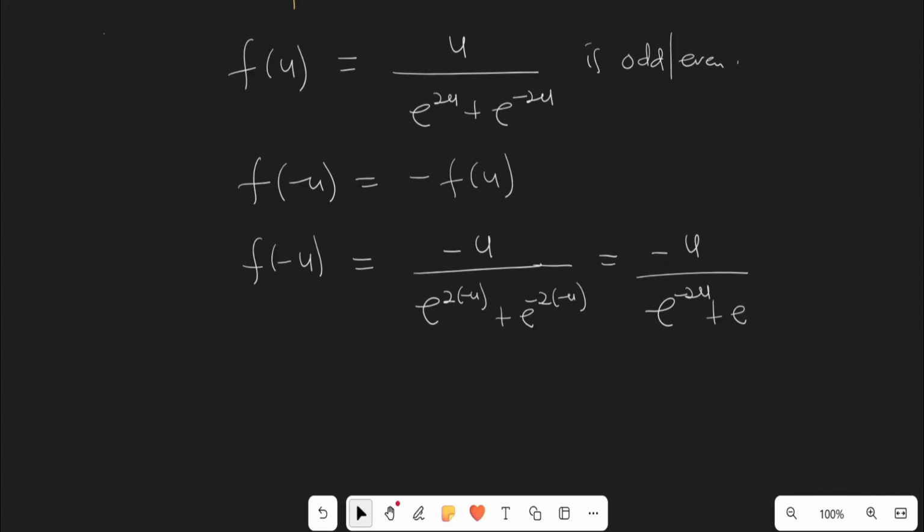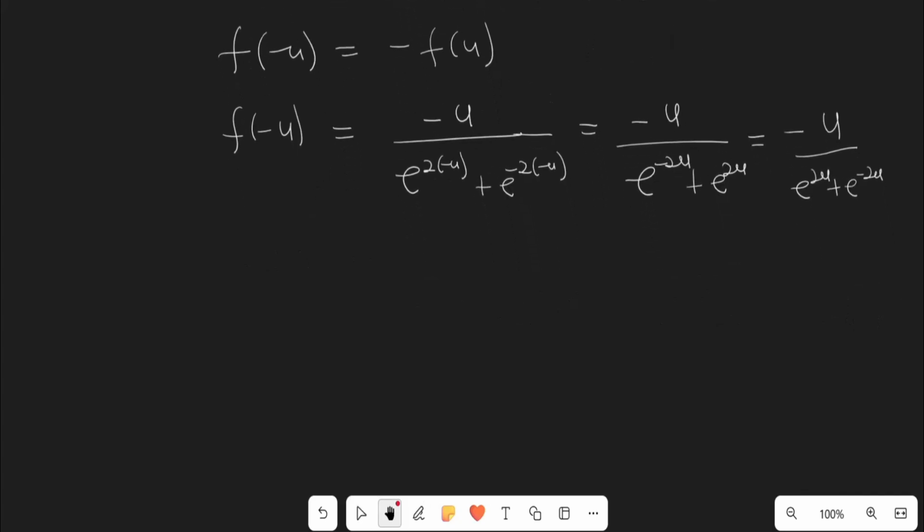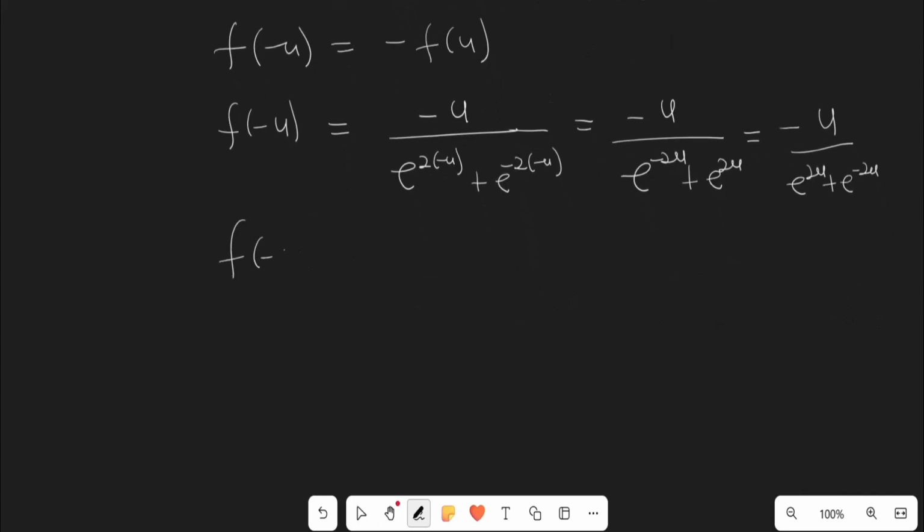That becomes negative u divided by e to the negative 2u plus e to the 2u. Negative 2 times negative u is 2u. And that is equal to negative u all over e to the 2u plus e to the negative 2u. So f of negative u is negative u over e to the 2u plus e to the negative 2u. And what is this?